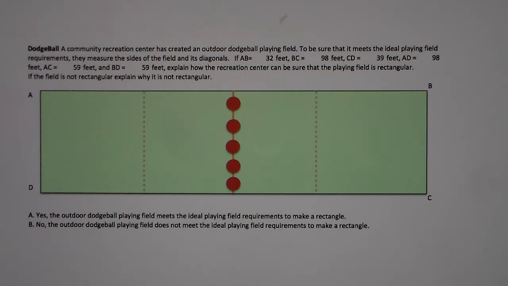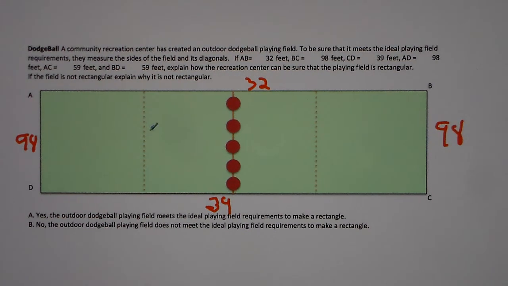Well, let me write that out so you can understand a little bit better. So across here is 32, up and down is 98, CD is 39, and AD up and down is 98. The diagonals are both 59.